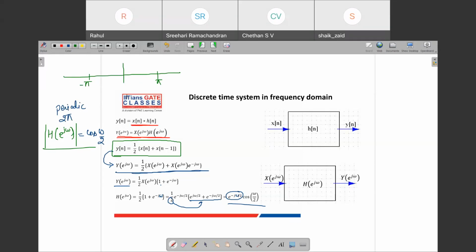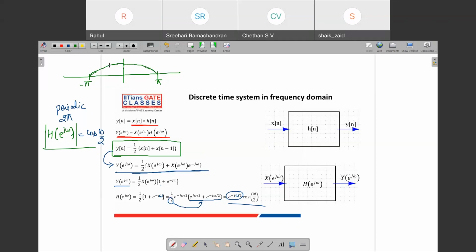Now we know that at omega equal to 0, this cos will be equal to 1. And then as you increase omega, this is going to go down, something like this. And at omega equal to pi, this will become cos pi by 2, and we know that cos pi by 2 is equal to 0. So at pi, it will become 0. And this is how it looks on the right side also.